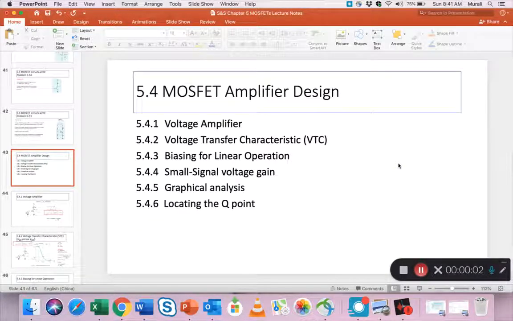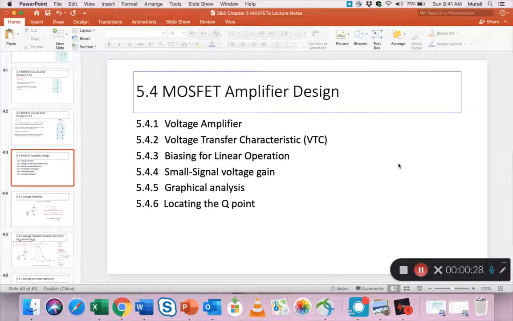Welcome back, class. This recording is going to focus on solving some problems and examples related to sections 5.4 and 5.5 in the MOSFETs chapter. We are still on week 10 material.